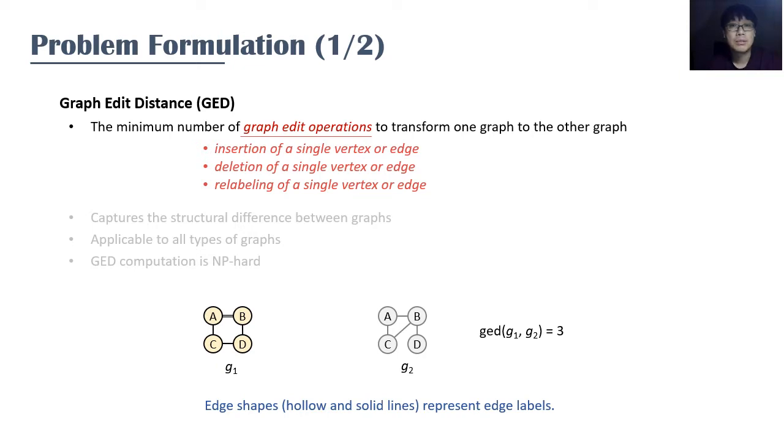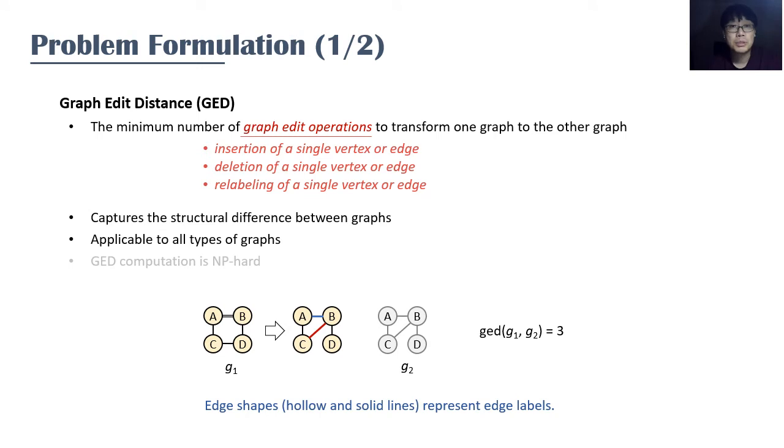The hollow and solid lines in the graphs represent edge labels. The graph G1 can be transformed into the graph G2 by relabeling the edge between A and B, inserting a solid edge between B and C, and deleting the edge between C and D. Therefore, the GED between the graphs is 3.